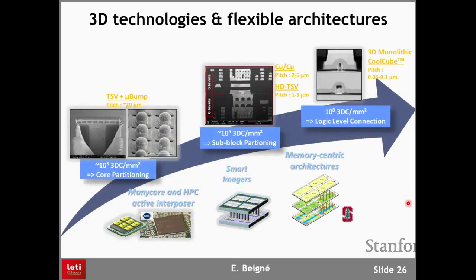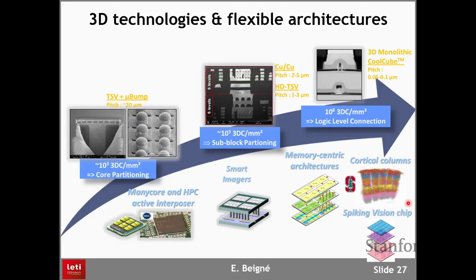So I've been through these different 3D technologies and how they can bring more flexibility, more performance, and how we can think 3D when we think about architecture. Something really important now also is, if we think about this really fine grain, we can think about the way the brain is constructed.